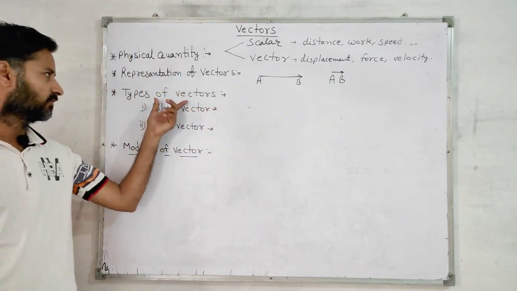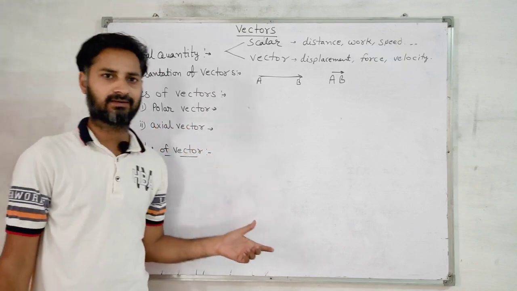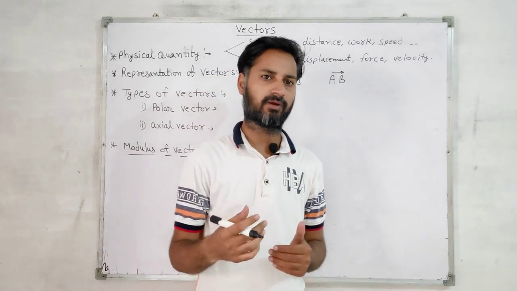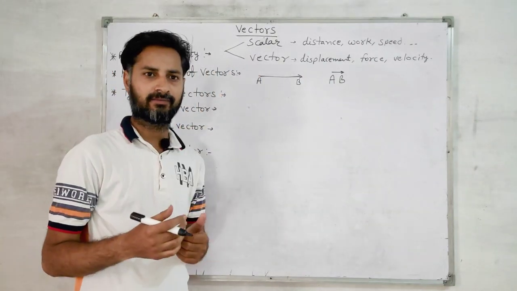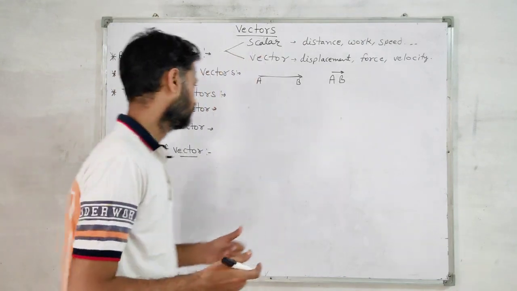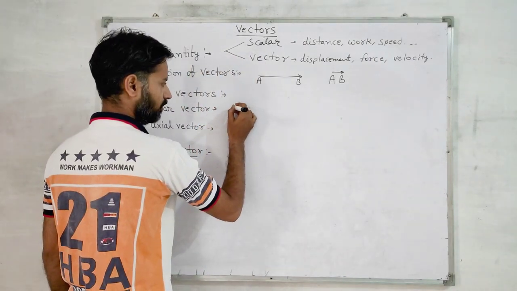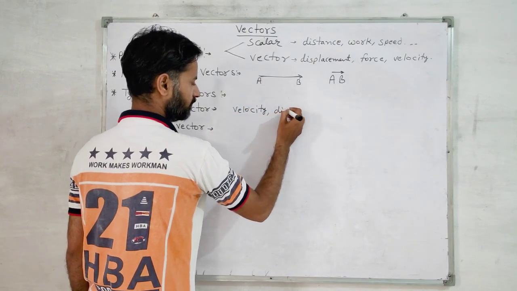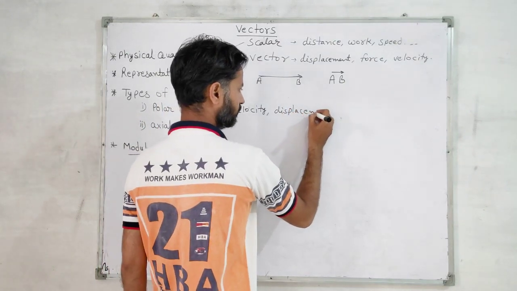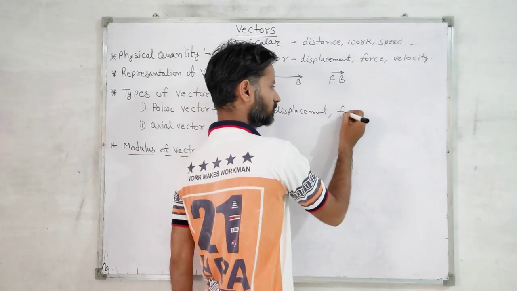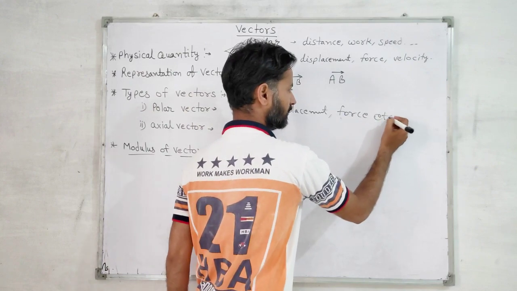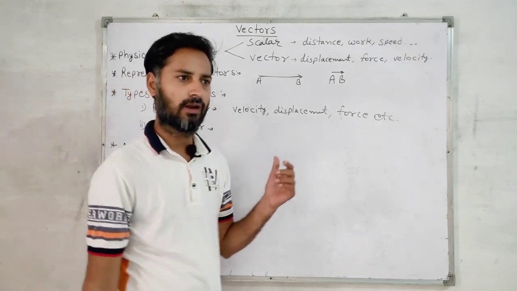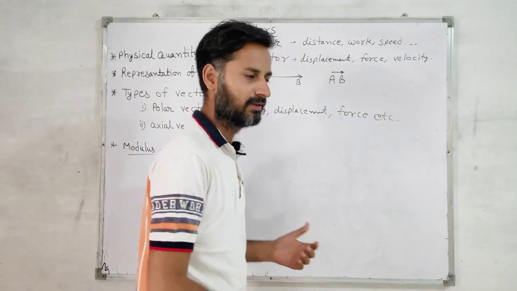Vectors are further of two types, polar vector and axial vector. Polar vectors are those vectors which have a start point and an end point. These vectors are directed in the direction of motion, like linear velocity, displacement, force, etc. And axial vectors are those vectors which are along the rotational axis of any particle.